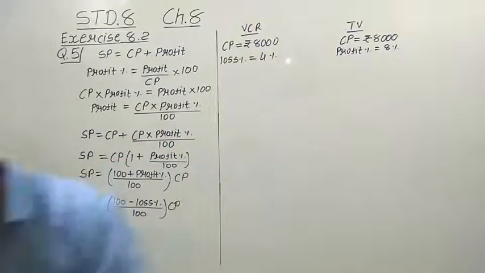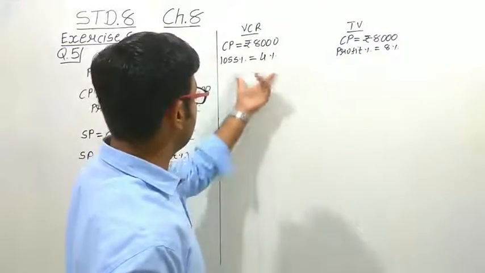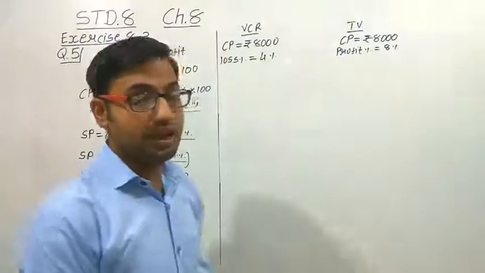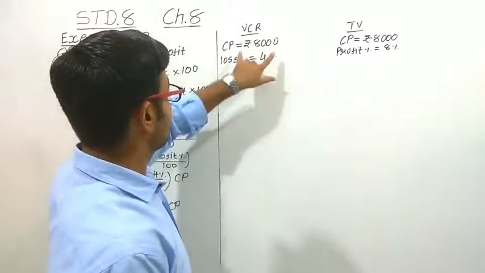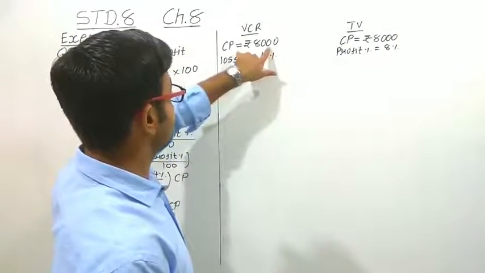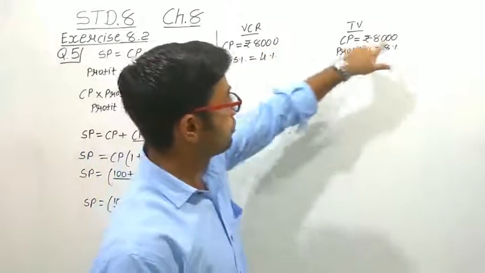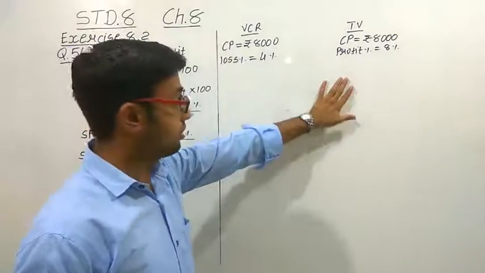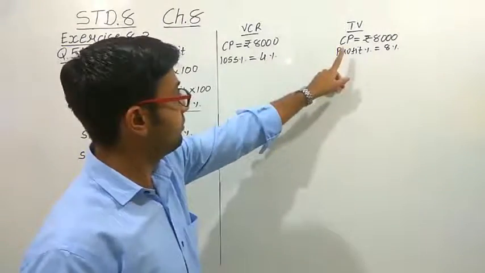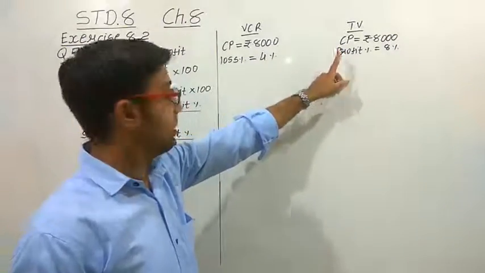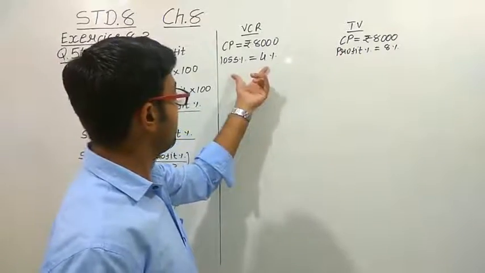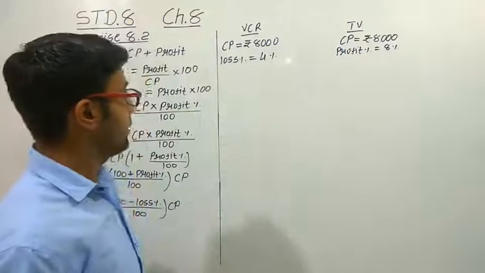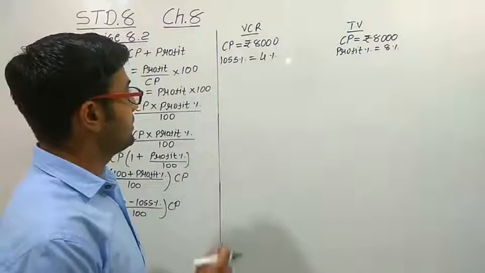Whole transaction means we do not have to find out separately whether he made a loss here or a profit here. Totally what will happen, that we have to find out. So we can consider the total cost price as this cost price plus this cost price. Now we have to find out the selling price of VCR and the selling price of TV, right?